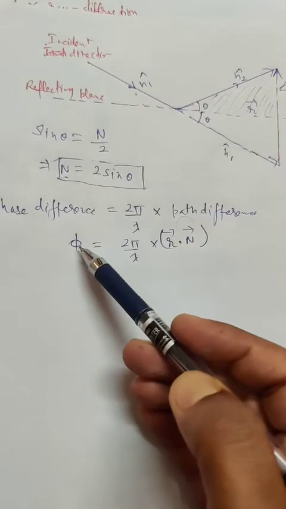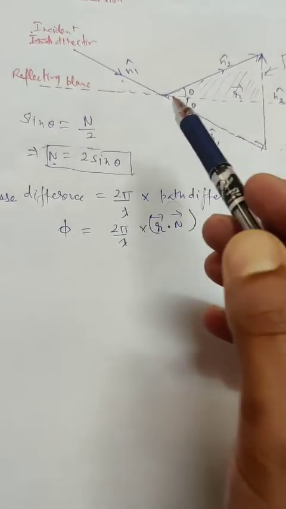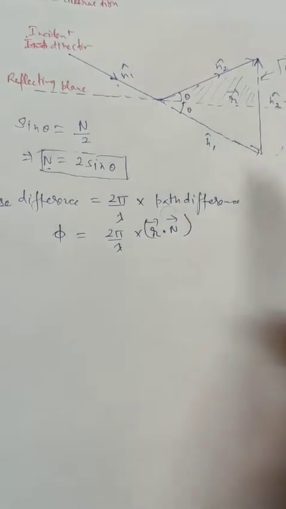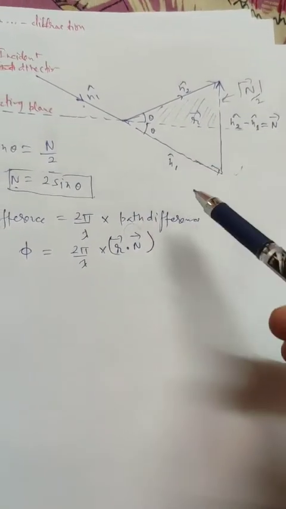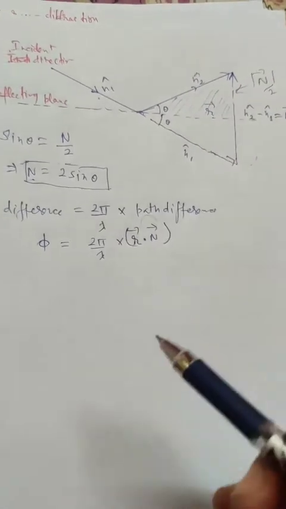So now these waves are getting interfered constructively, so we are getting a diffraction pattern for the maxima.